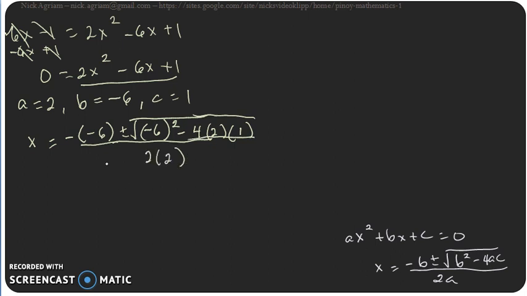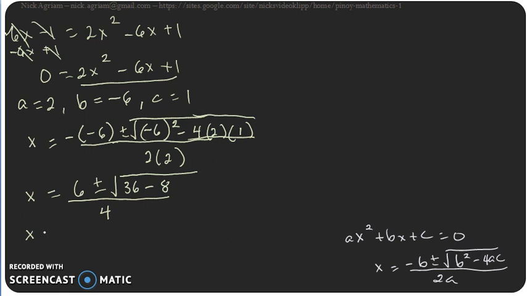Okay, x is equal to negative negative 6, which is positive 6, plus minus square root of negative 6 squared, that is positive 36, minus 8, divided by 4.